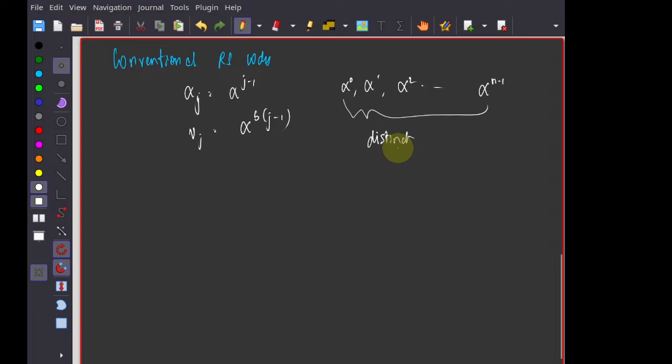Right? Okay. So now let's look at the parity check matrix corresponding to a conventional Reed-Solomon code.